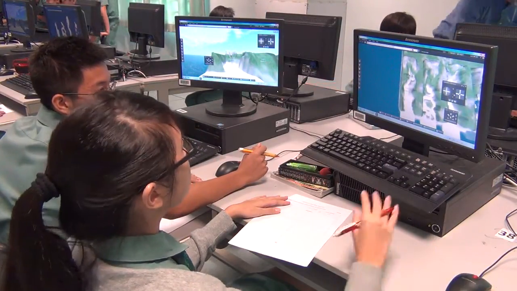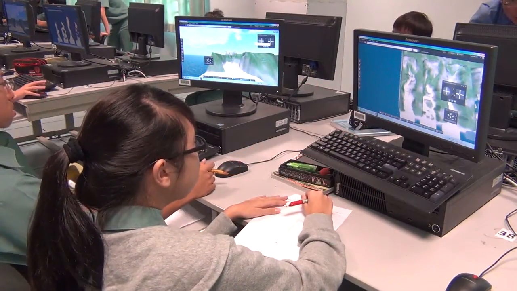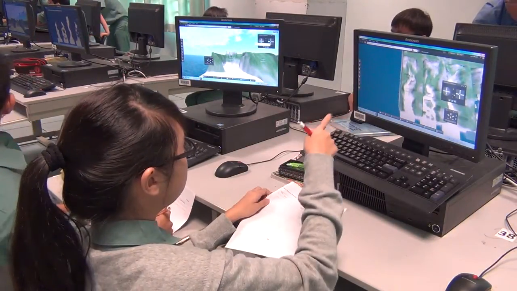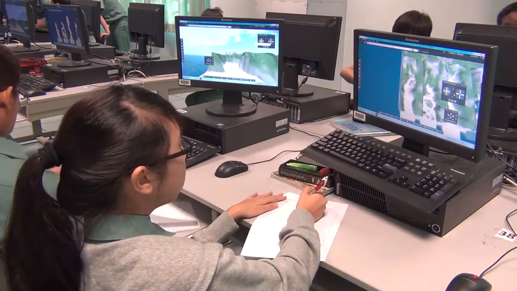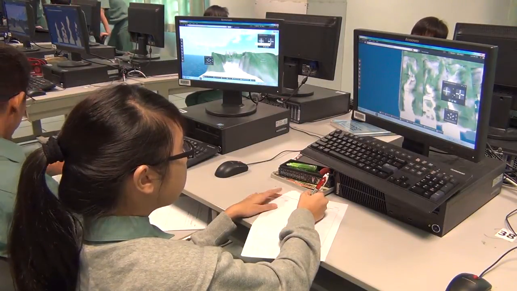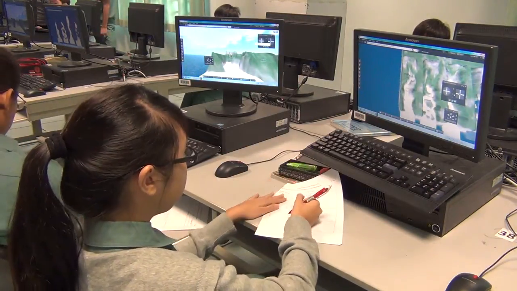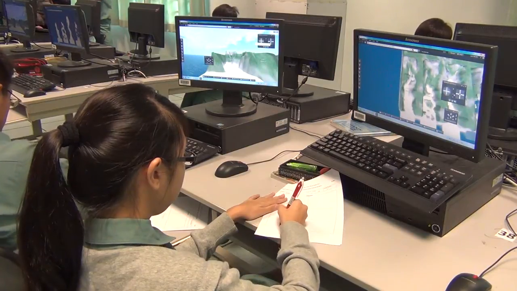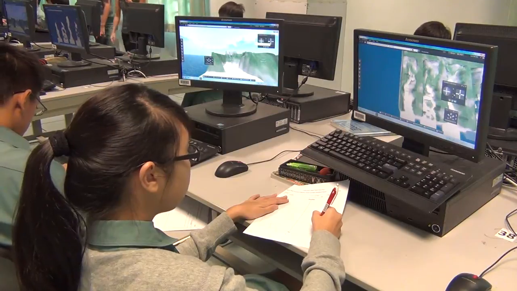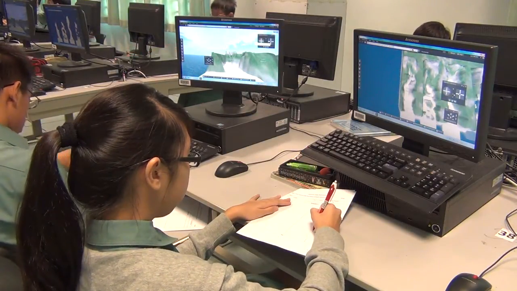You turn your paper this way. It's just a small dot. I'm just putting it as a feeling so that you can match. Okay?